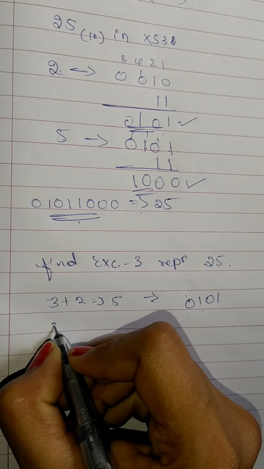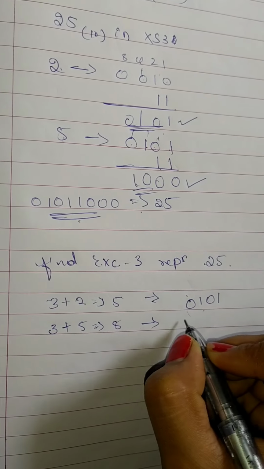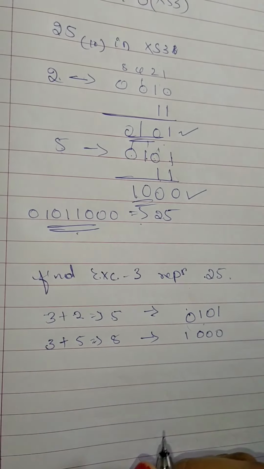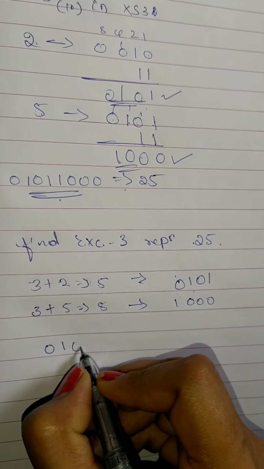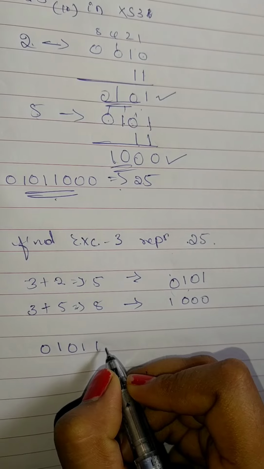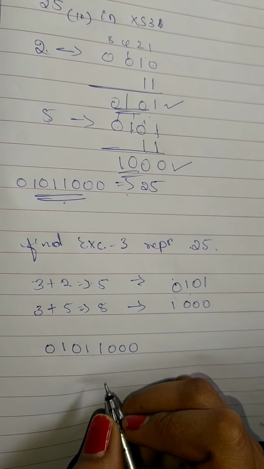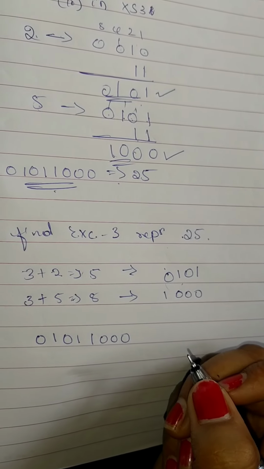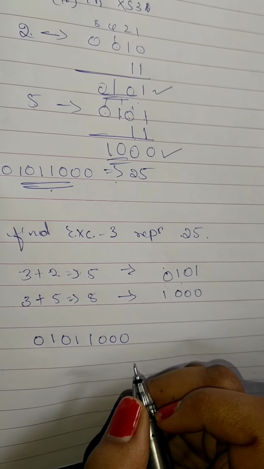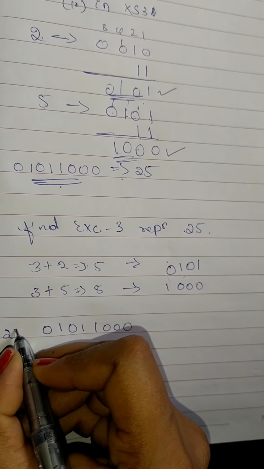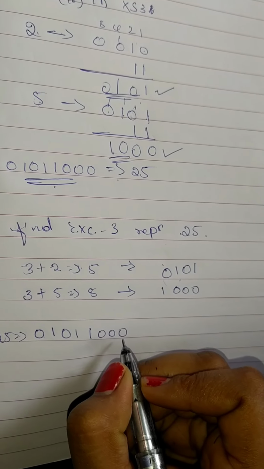Then how to represent 5? I need to add 3 to 5, then this becomes 8. How to represent this 8? 1 0 0 0. Then together how to represent this 25? 0 1 0 1 1 0 0 0. Okay, so this is how we represent any given value along with the excess-3 code.